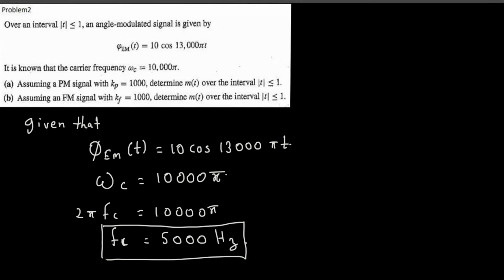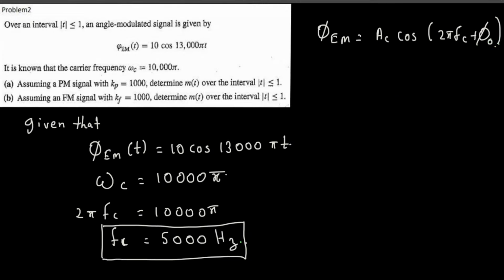Okay, now we have the carrier frequency, and we can express this phi_EM as Ac cos(2 pi fc t plus phi naught).